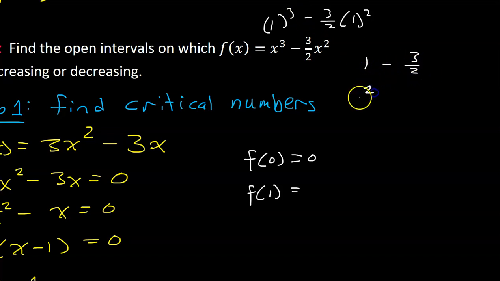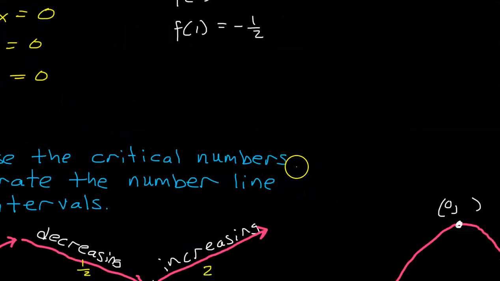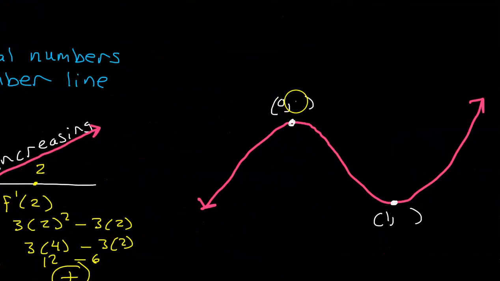But this is the same thing as 2 over 2 minus 3 over 2, so that's going to be negative 1/2. So these are the y values, 0 and negative 1/2. So we have (0, 0) and (1, negative 1/2).